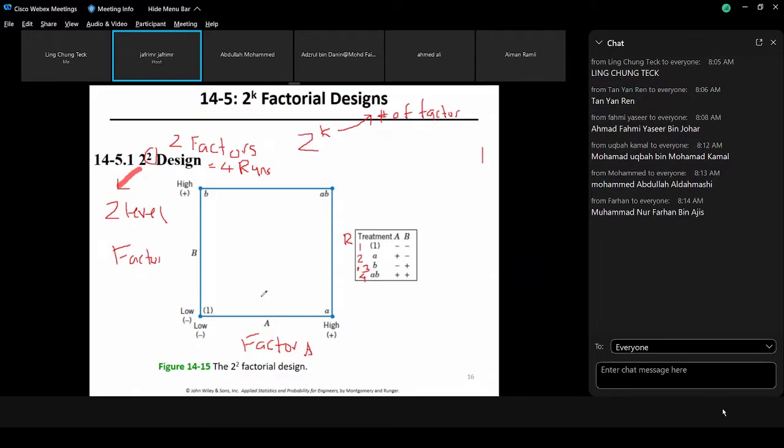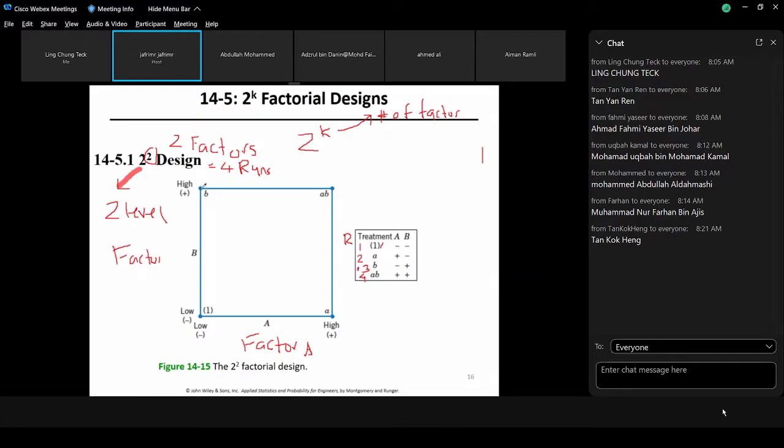4 runs, look at this corner. Factor A run at low level, B run at low level, the symbol is 1. When symbol 1, that means factor B run at low level. Factor A run at high level, B low level, you put symbol A here.